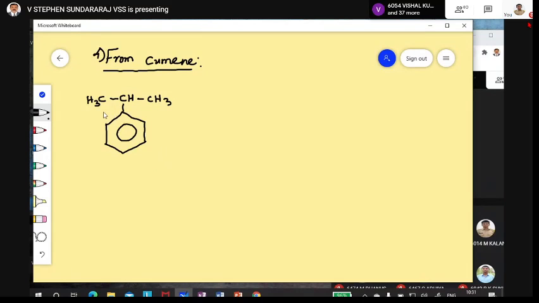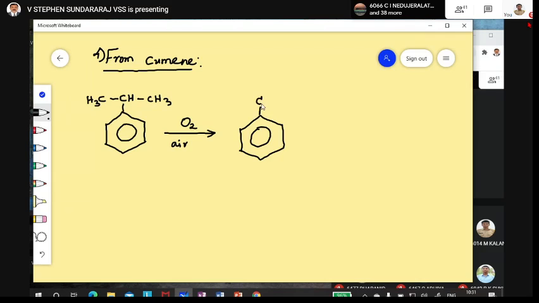N-propyl means a 3-carbon long chain will be there, attached at one terminal. There are two steps. The first one is it is oxidized by atmospheric air itself. Write down the product: CH3, and this portion will remain the same, but the oxygen is attached here, with H in between.